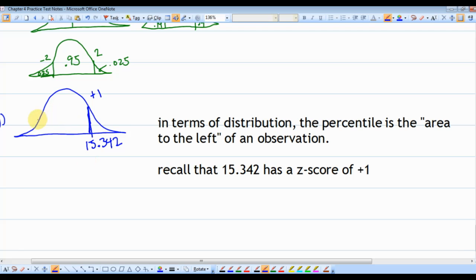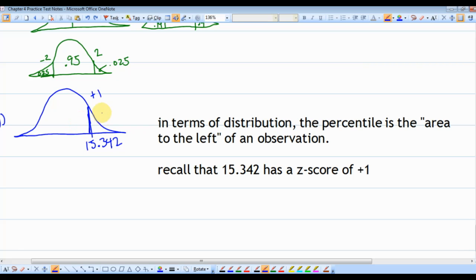The z-score tells you where in this bell you are. The z-scores are these numbers up here. Depending on where you slice it, for example, if you slice it here, the z-score is 0, because that's directly in the middle. Where did you get 15.342? They gave it to you.